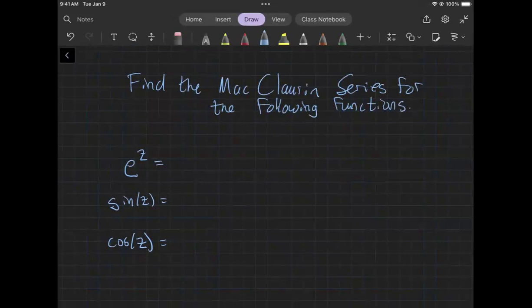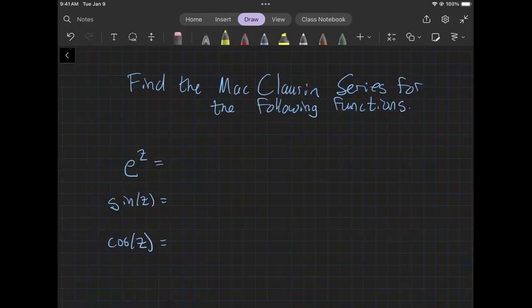Okay, so I assumed you worked on these examples. These Maclaurin series are exactly what you would expect. They're similar to the Taylor series for e to the x, sine of x, and cosine of x in Calc 2, right?